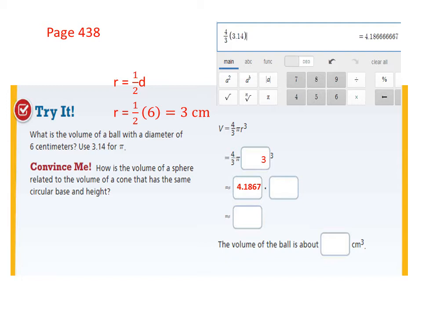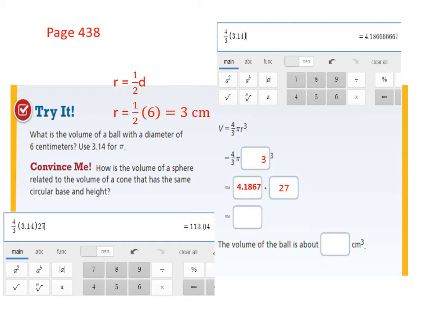And what is 3 cubed? 3 times 3 times 3. Yes, it's 27. Now multiply these two numbers. The final answer is about 113.04. So the volume of this ball is about 113.04 cubic centimeters.